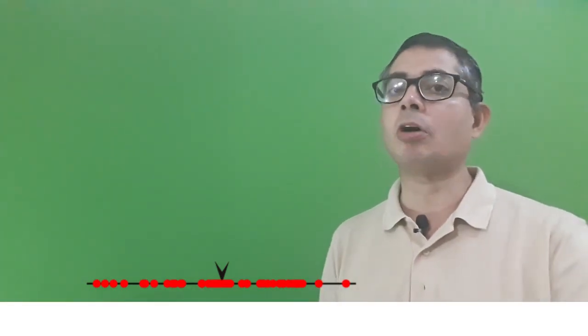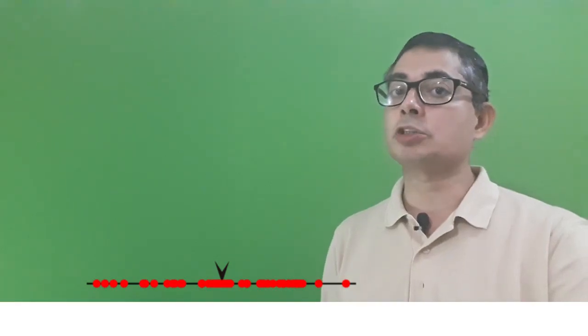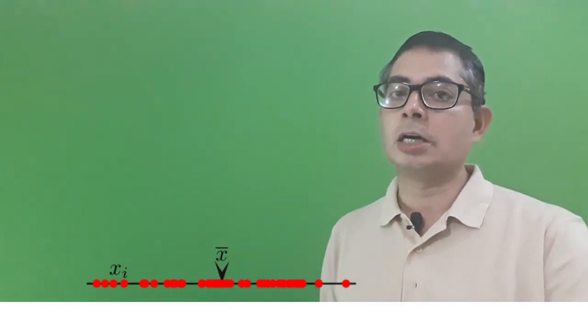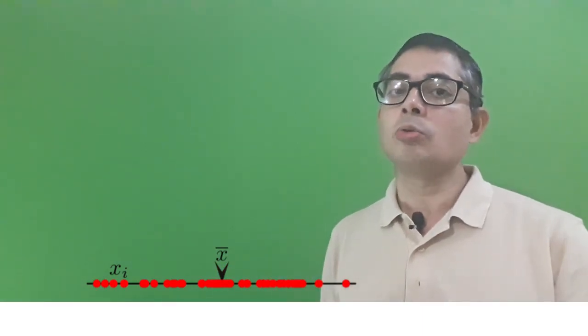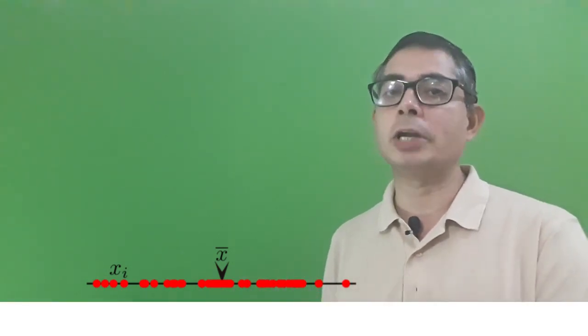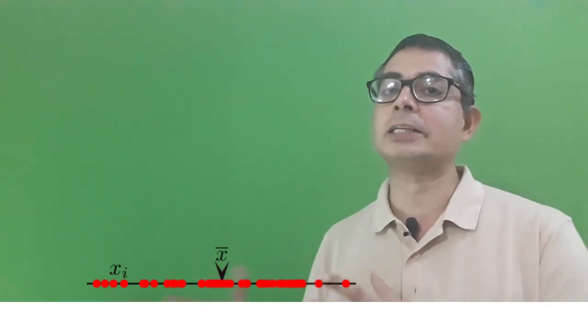Let the numbers be called x1, x2, etc. So the ith number is xi. Let's use mean as our central tendency measure. So this is x bar. Now we are trying to check how well this x bar is going to represent all the different xi's.